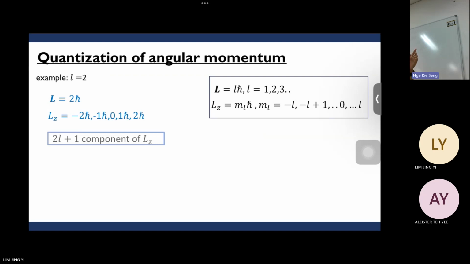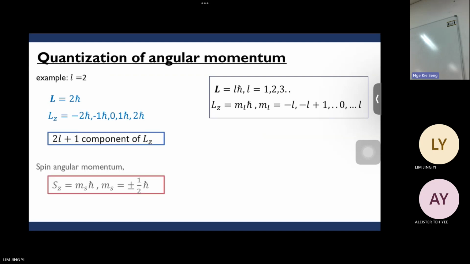If you repeat this procedure for L equals 3, L equals 4, you'll find that they obey a pattern: the component along the z-axis for the orbital angular momentum can only take 2L plus 1 values, which is always an odd number. But in our results for the Stern-Gerlach experiment, recall that we only get two possible values for the magnetic dipole moment, the up value or the down value.